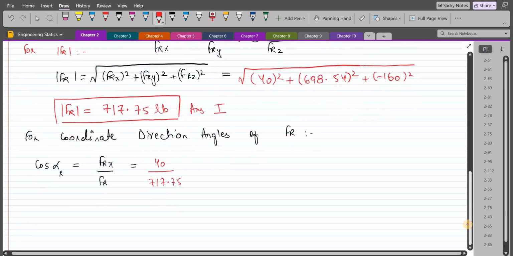If you take the cos inverse of this value, then the alpha of the resultant force comes out to be 86.81 degrees.